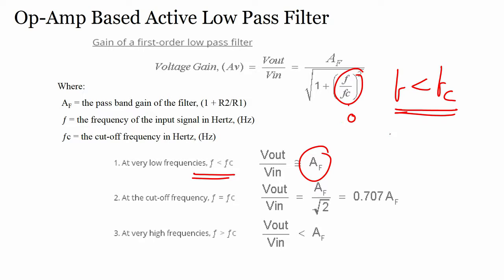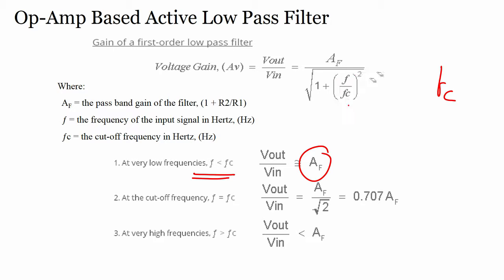So, AF divided by the square root of 1 plus 0, that is AF divided by square root of 1, right. That is how we get this particular equation.